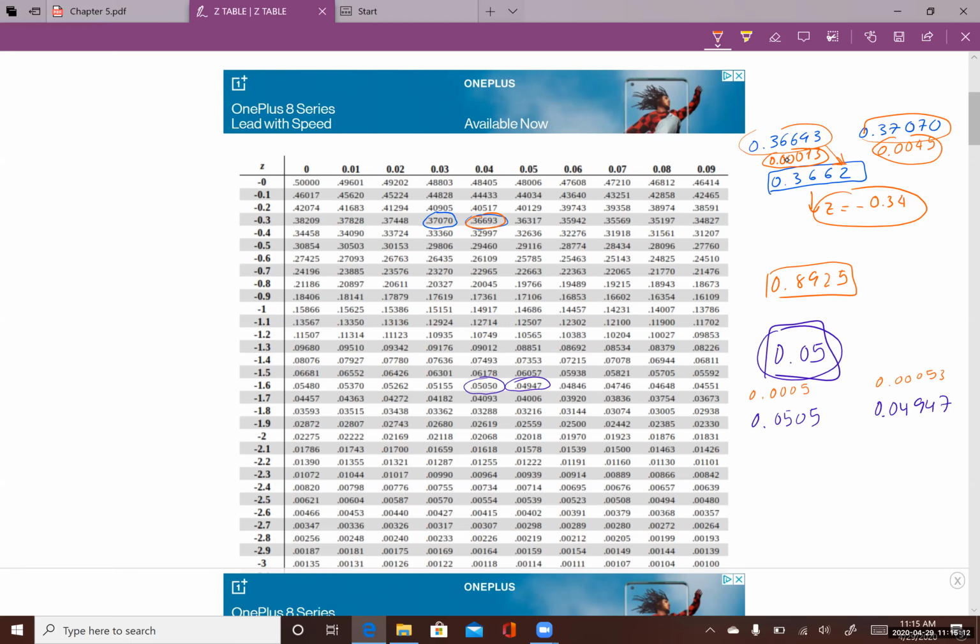So these two values here are very, very close. The distances are super close to each other. That is why we need to take the average of these two z values.